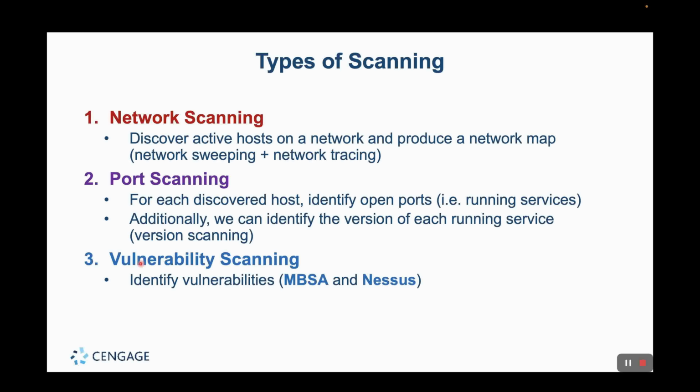Now, the third one is vulnerability scanning, identifying vulnerabilities. It could be any one of these applications. The focus is a systematic examination of the network or system to identify known security weaknesses. Tools like Microsoft Baseline Security Analyzer, the MBSA, and Nessus are often used to automate this process.